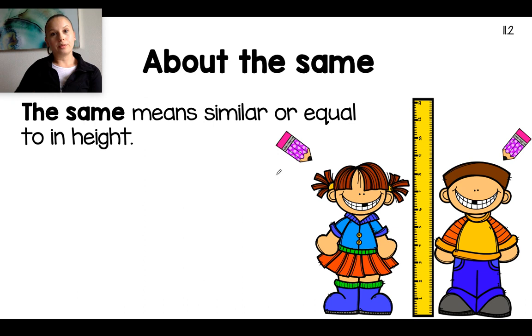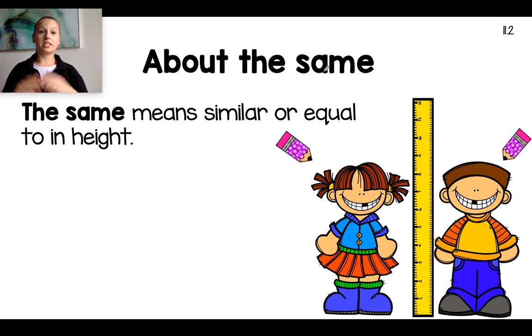The last term we're going to use is about the same. And we talked about this in length. Remember, if something is not longer or shorter, they could be about the same, right? Same starts with S. The same means similar or equal to in height.